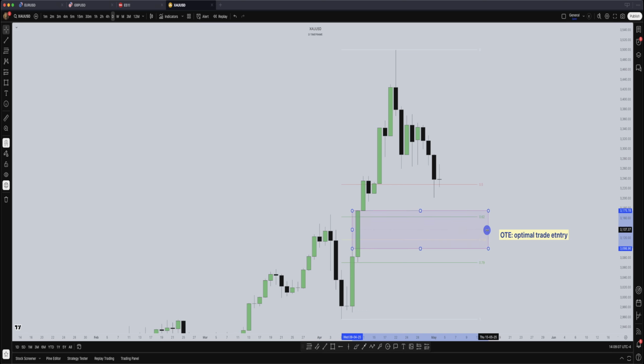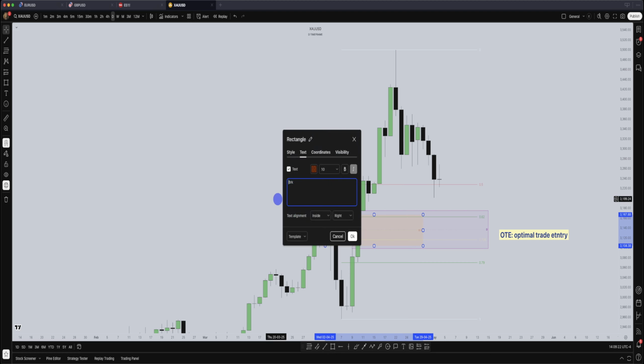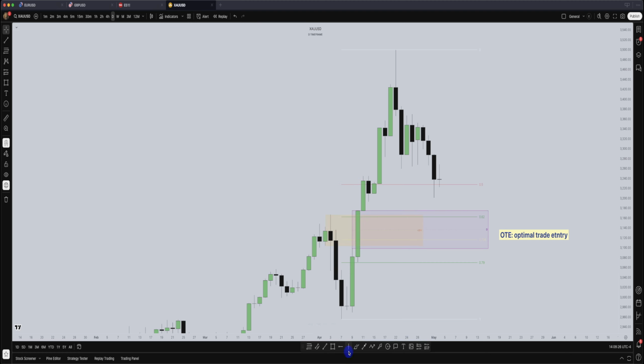Okay, you have the optimal trade entry, we have the fair value gap, and also we have, I will do it until here, we have a bullish breaker. Okay, just quickly, the breaker is when you have this formation, a low, high, lower low, and you break this structure.